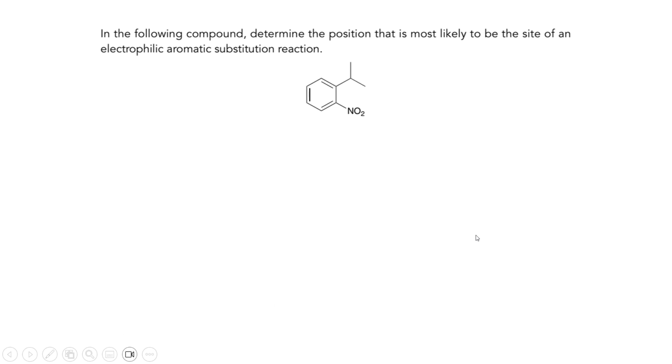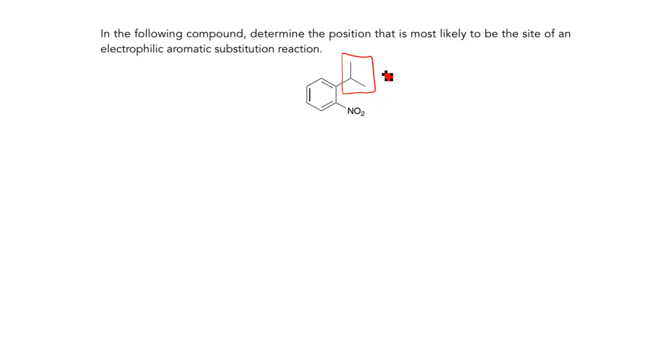Okay, so in the following compound, let's just do a practice problem related to this. It says determine the position that is most likely to be the site of electrophilic aromatic substitution. So right now, again, we're going to ask ourselves, what is the effect of each of these substituents for EAS? Let's just go one at a time.